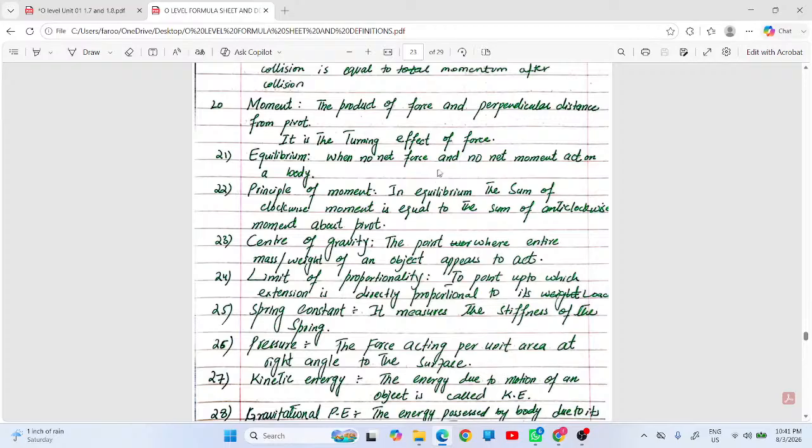No net force, then body will be in equilibrium, and in equilibrium either the body is at rest or moving with a uniform velocity, not only at rest. It may be moving with a uniform velocity. Principle of moment is in equilibrium, the sum of moments about the pivot. And next is the center of gravity, the point where entire weight acts. Okay? Any confusion?